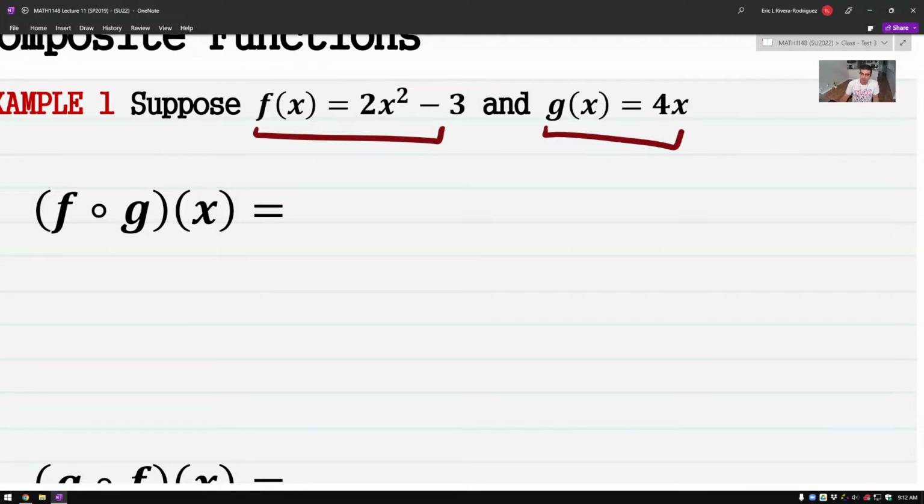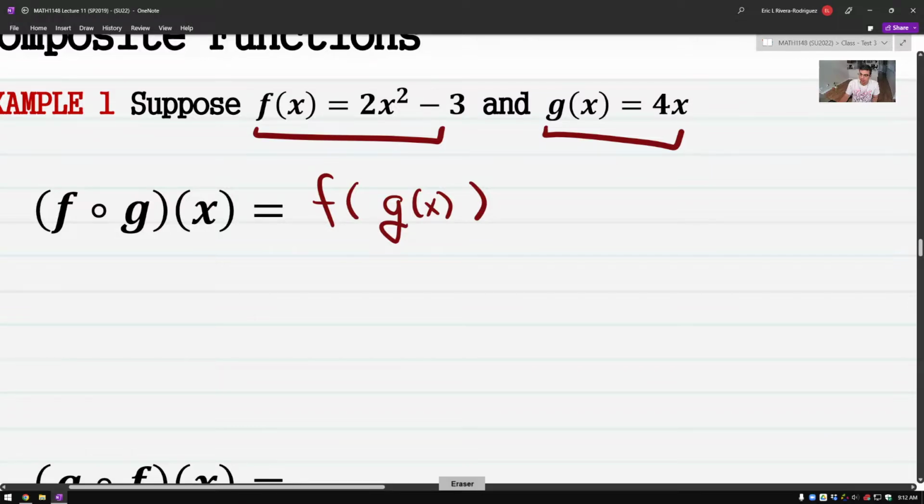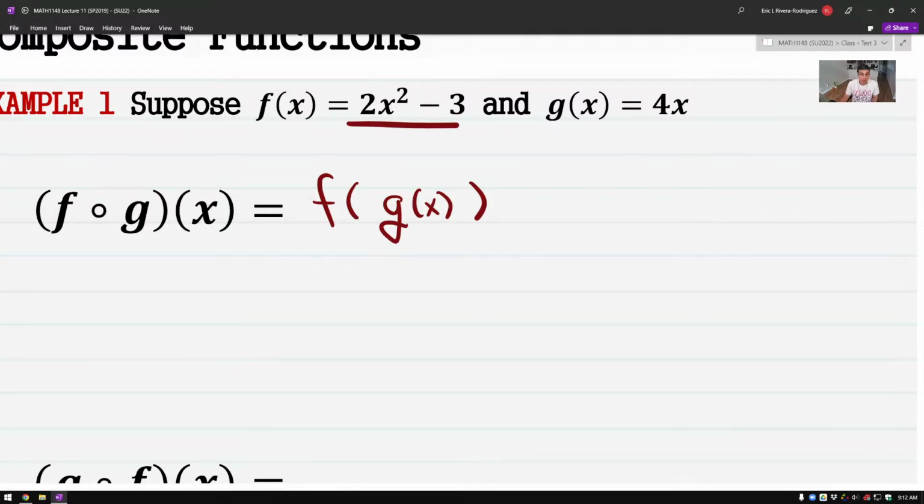Okay, so we are going to start with the definition. The definition says that g of x is going to be in the argument of f. The definition of f is 2x squared minus 3. So 2, now x is replaced with g of x.